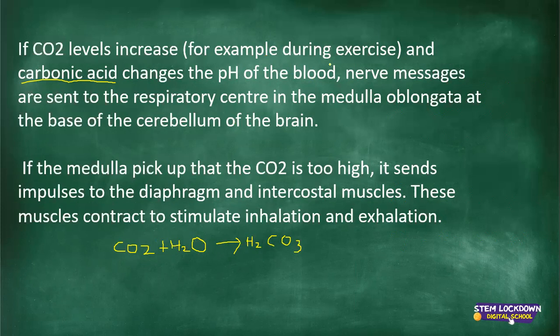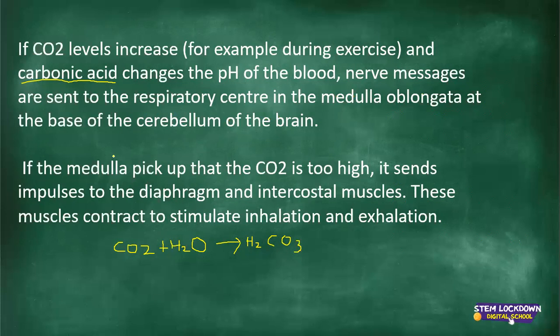And then what happens here? This carbonic acid changes the pH level because it's acid. It means it will make it acidic. The pH level will decrease. Then nerve messengers are sent to the respiratory center in the medulla oblongata at the base of the cerebellum of the brain.